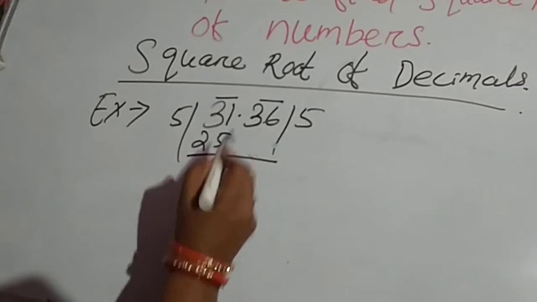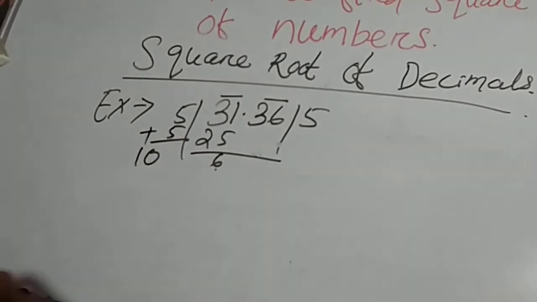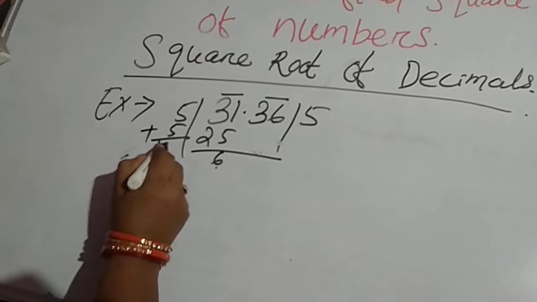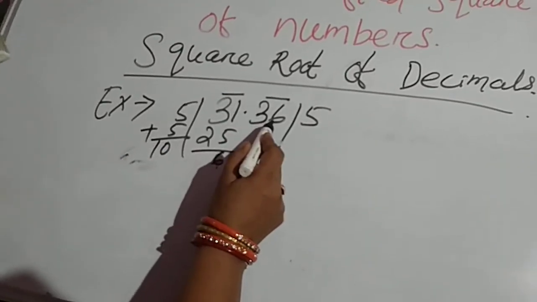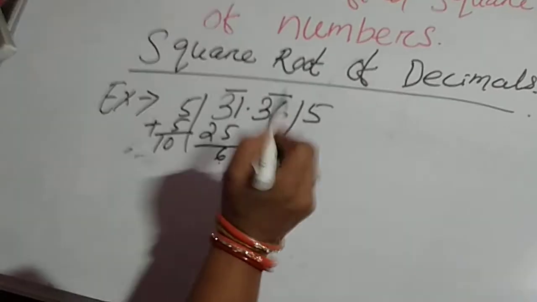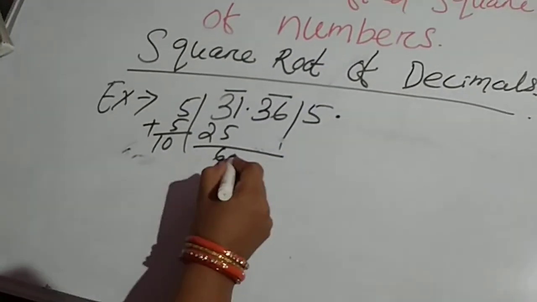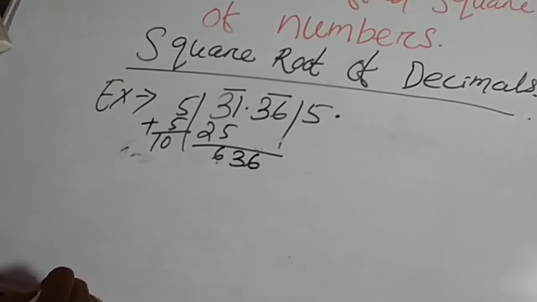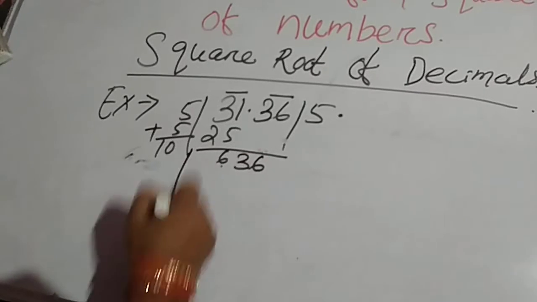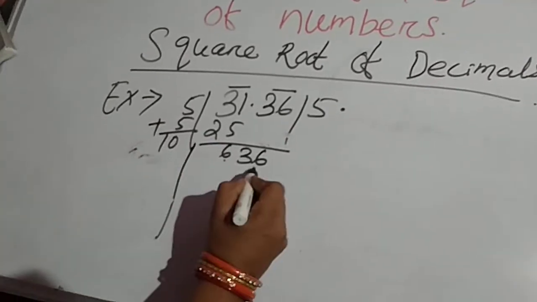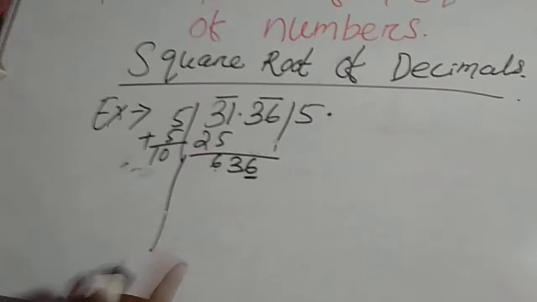So 6. Next, again 5 plus 5 equals 10. So here 10. So after the decimal we take that bar. First we put the decimal. Okay, so we take 36, 1 bar together. Okay, so next 10. So the unit place is which digit? 6, means either we put 4 or 6.